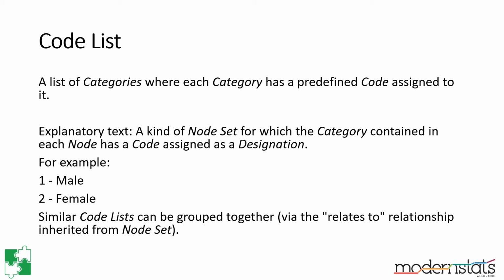So if you look at the information model itself, it goes through these kinds of objects, and I have those also in other pictures, but you don't have to care too much about the nodes and node sets. Those are information modeling stuff. The important stuff is that in a code list you have, for instance, 1 male, 2 female, and similar code lists can be grouped together via the relates to relationship in the model.